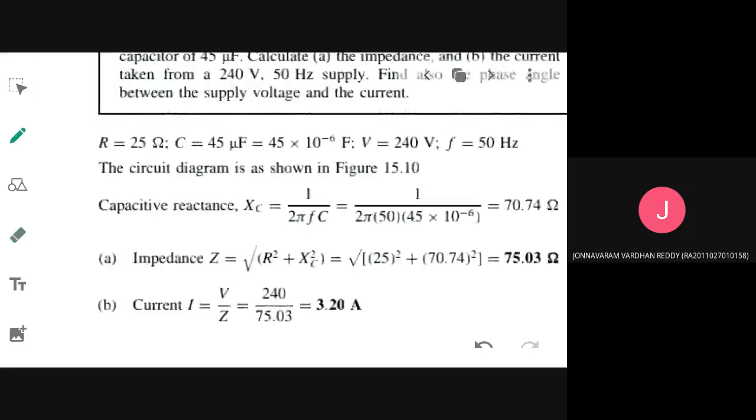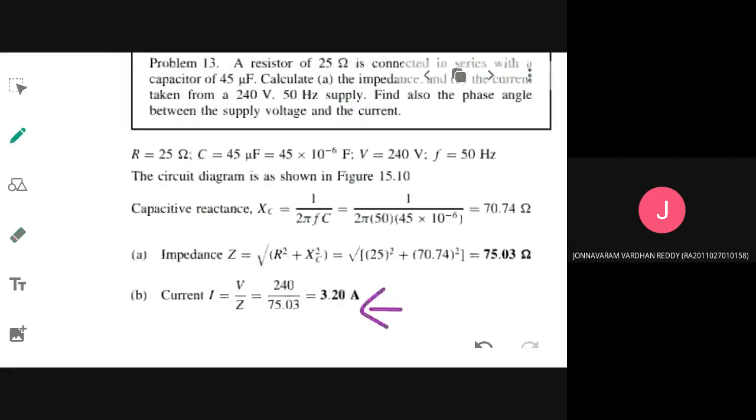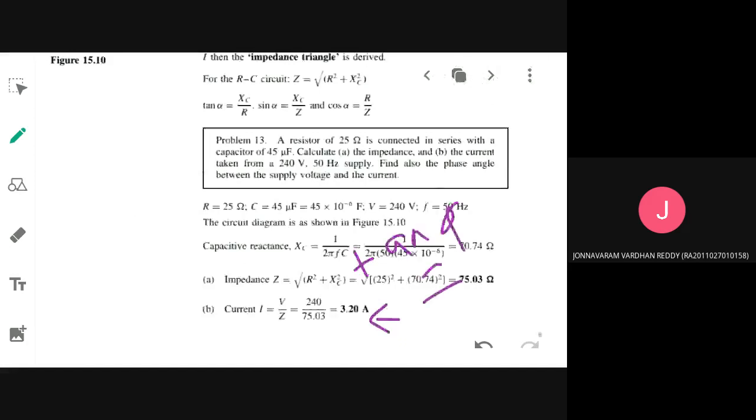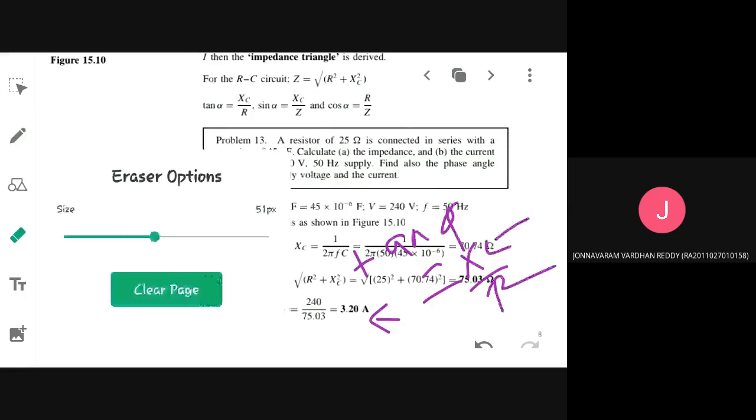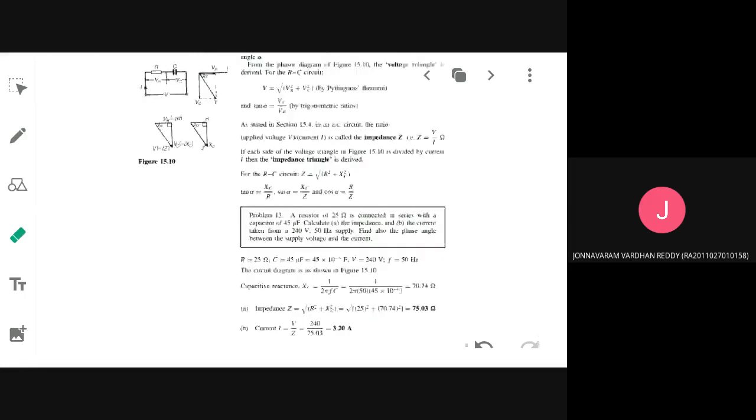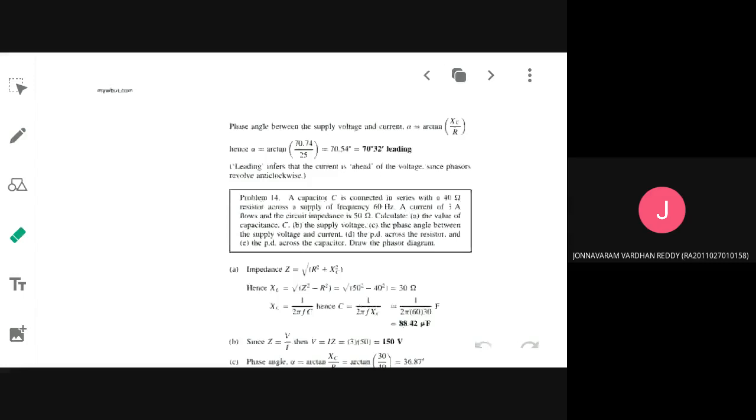Alright, current. Then what is asked in the C subdivision? Find also the phase angle between the supply voltage and the current. As usual, what formula? Tan phi is equal to XC by R. Find it out and tell me the answer.